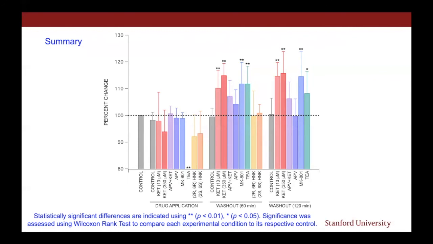However, during washout at both 60 and 120 minutes, ketamine at both concentrations, both antidepressant and anesthetic, as well as MK801 and TEA, were able to produce statistically significant increases in population spike amplitudes that were sustained for up to 120 minutes. Statistical significance was assessed using the Wilcoxon rank test to compare experimental conditions with their respective controls. Statistical significance was established at a p-value less than 0.05.